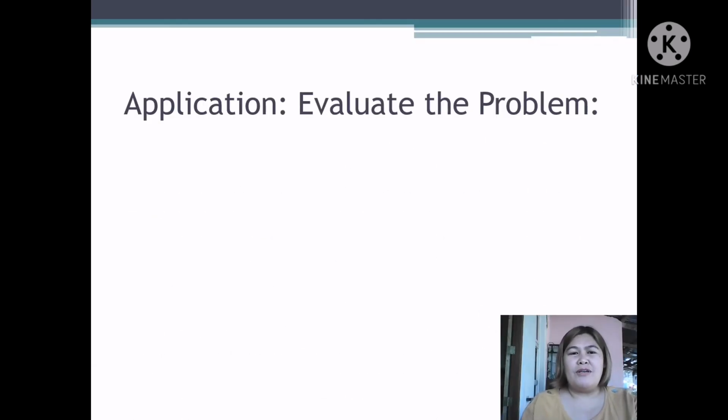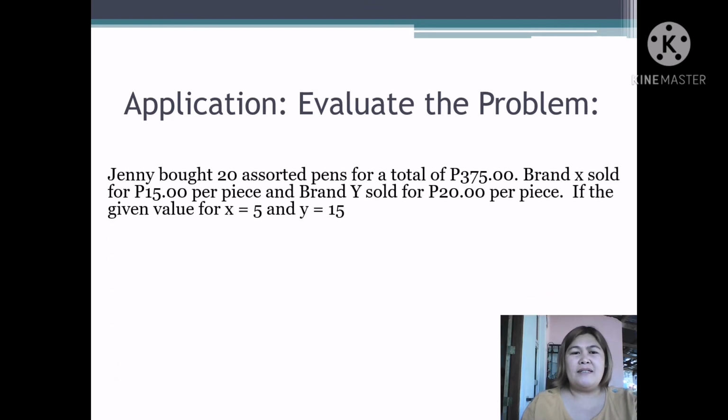Okay, so the next question is about problem solving. Evaluate the problem. Jenny bought 20 assorted pens for a total of 375. Brand X sold for 15 per piece and brand Y sold for 20 per piece.